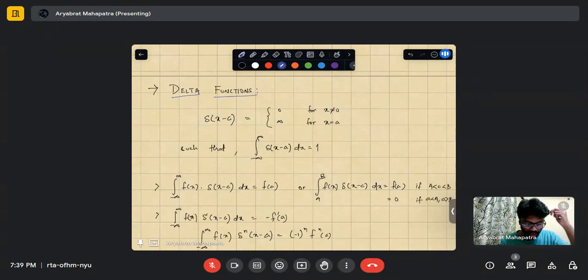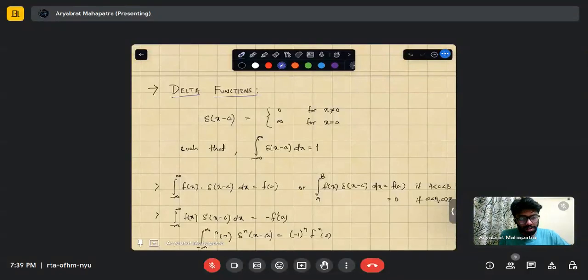Delta functions are really vital, and you will see them again and again in various places, like in conservation laws. So it is very important to know what delta functions are, their properties, and their uses.